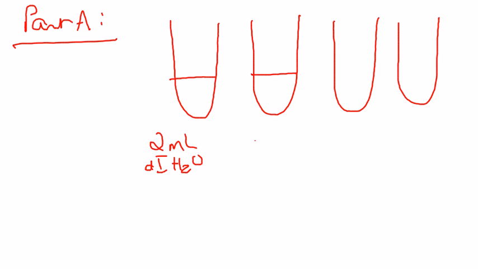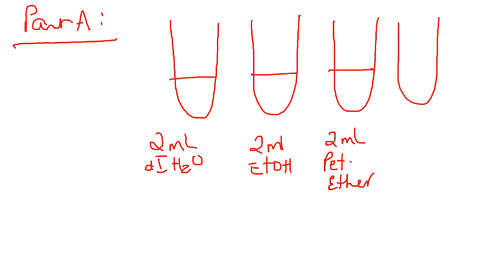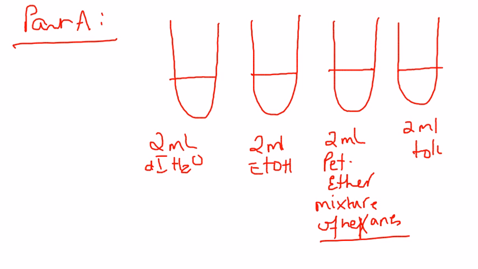Fill the other one with 2 milliliters of ethanol. Fill the third one with 2 milliliters of petroleum ether. Petroleum ether is nothing but a mixture of isomeric hexanes. And the last one is 2 milliliters of toluene.